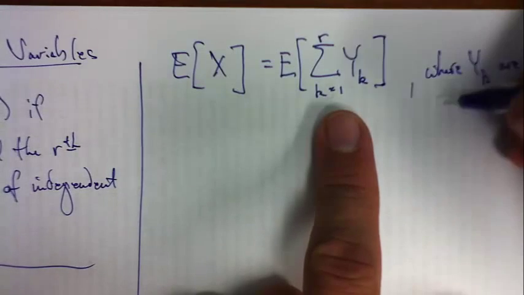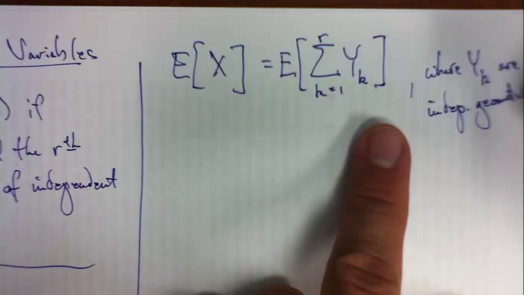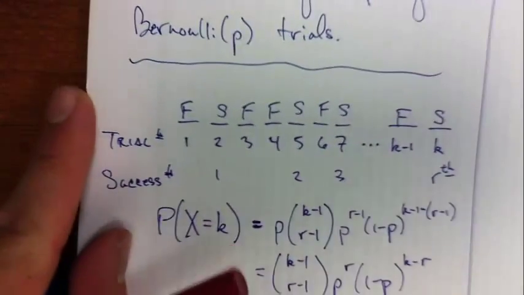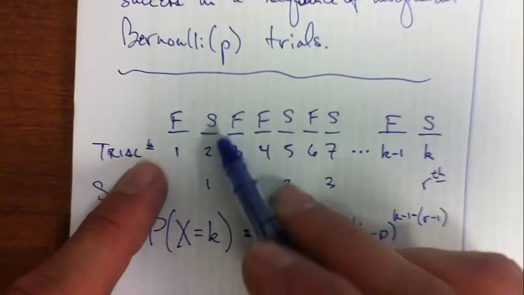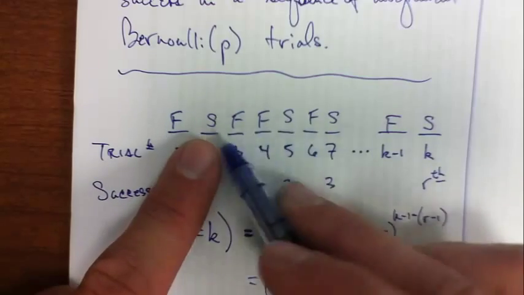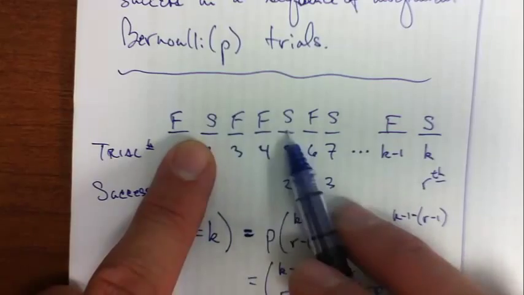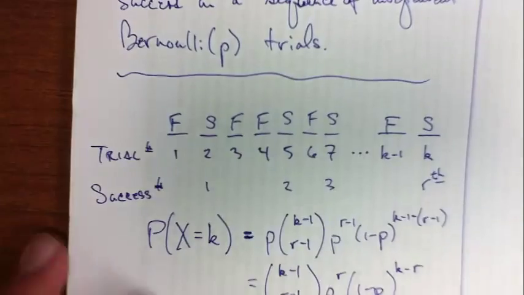The Yk are independent geometric p random variables. You can see that if you look back over here at this picture. The time until the first success is a geometric random variable with parameter p. And then you have to wait until the next success, which is going to be another geometric random variable with parameter p. And then another one plus another one. The total time is the sum of those times.